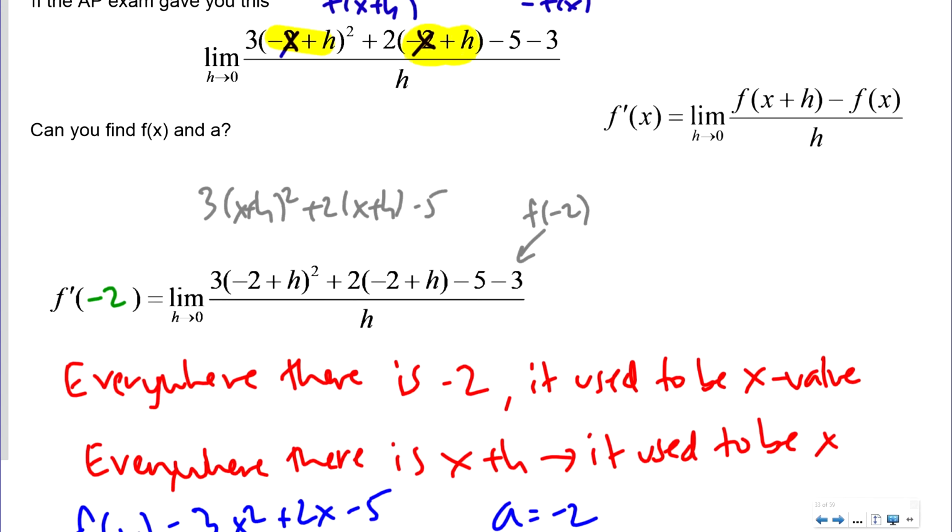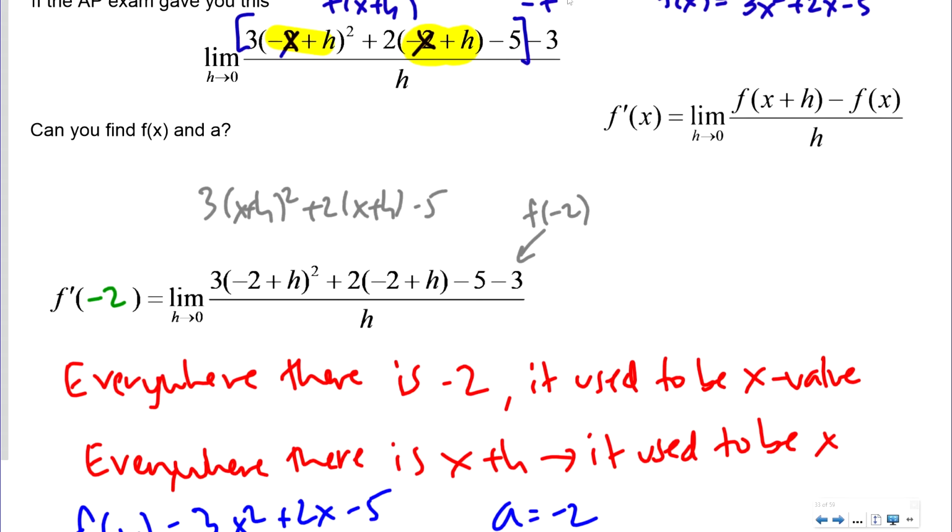So can I find the original function here? I hope to find it here, but what they did was plug in a number rather than the equation. So I can't use this right here, but I can say the original function was this, and this was the minus f of x here.